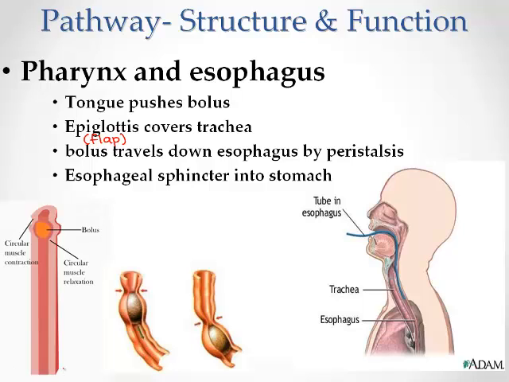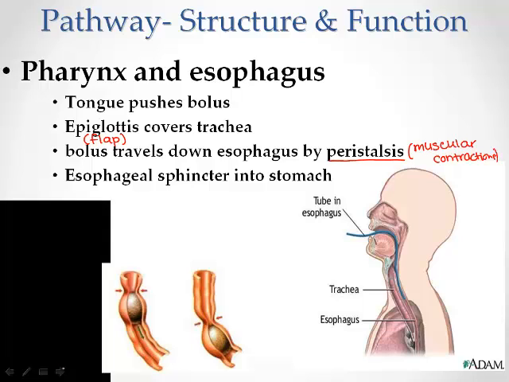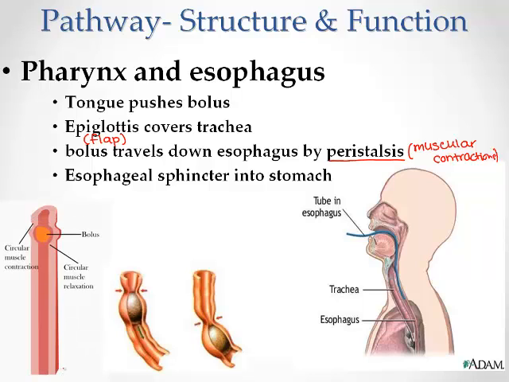Now the bolus travels down our esophagus by peristalsis, which are muscular contractions. It does not move down by gravity. It moves down by our circular muscles contracting, so you can see in this animation, our muscles contract and it slowly inches its way down.